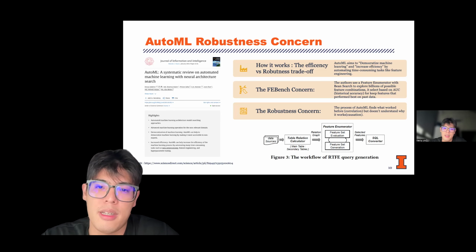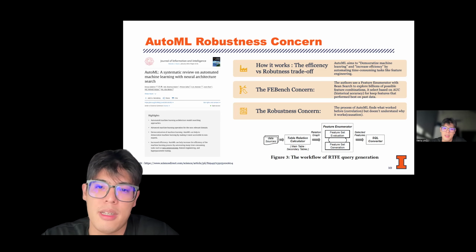But what if the fraudster becomes smarter and does something the AI has never seen? For example, making 100 transactions of only $1 each. Because the AutoML was only looking for patterns in the past data, its features might completely miss this new behavior.